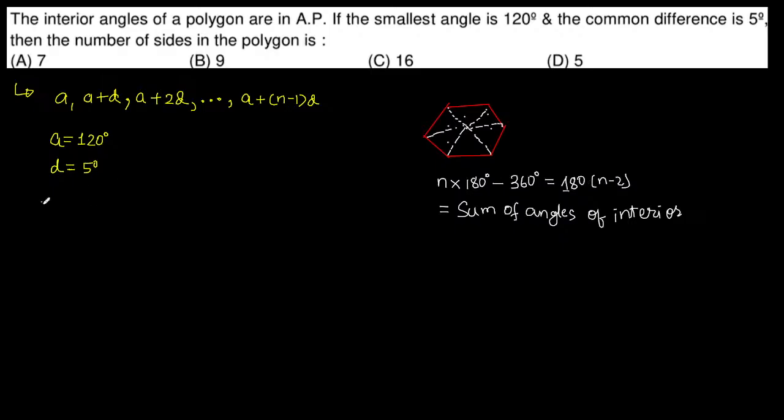So we can say 180 into n minus 2 equals n by 2 times 2 into 120 plus n minus 1 into d.